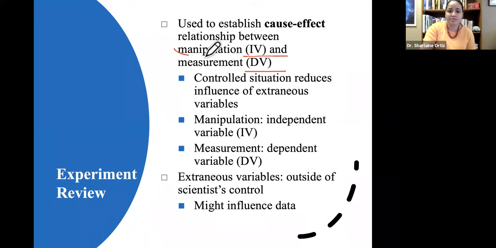And how do we do this? Well, with the independent variable, we always want to ensure that we have some form of manipulation. Now, with the dependent variable, what we're trying to do is to measure.